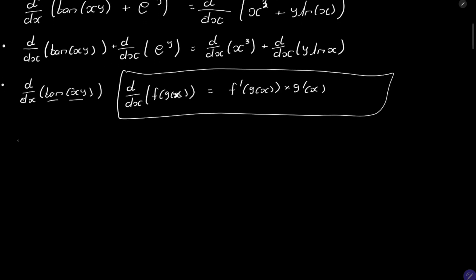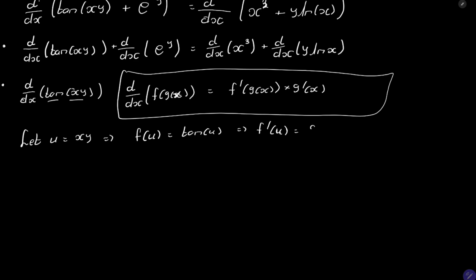So the first thing we're going to do is let u be our inner function xy. This implies that our outer function f of u can be written as tan of u, implying that f prime of u is the derivative with respect to u of tan u.